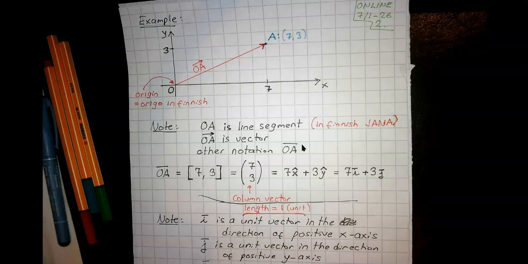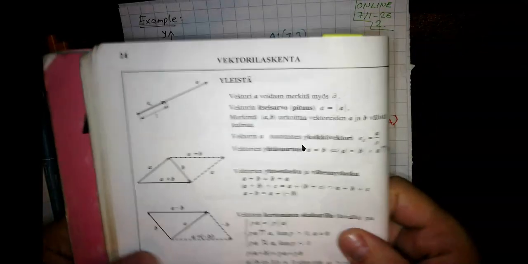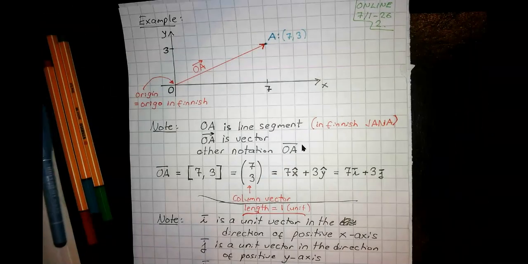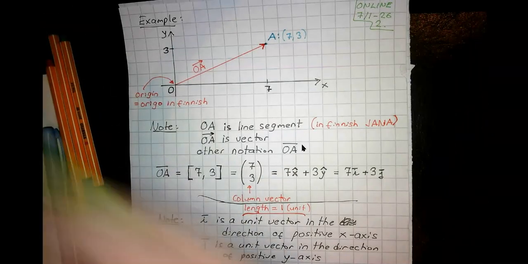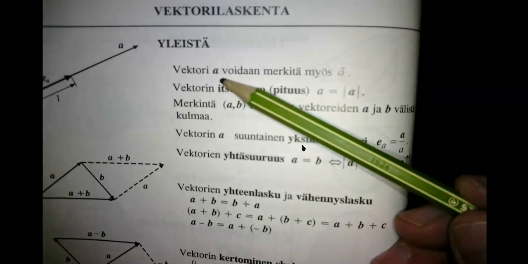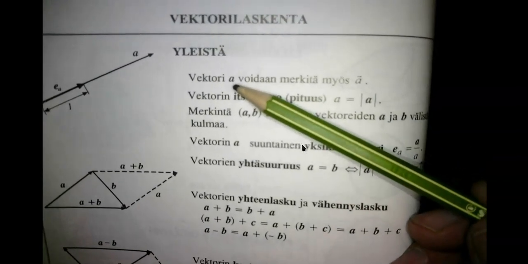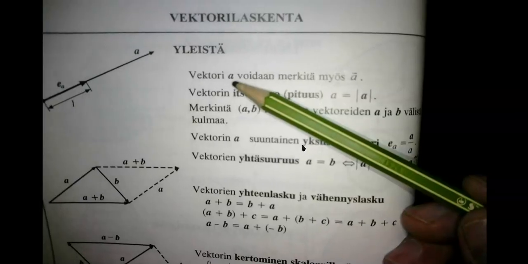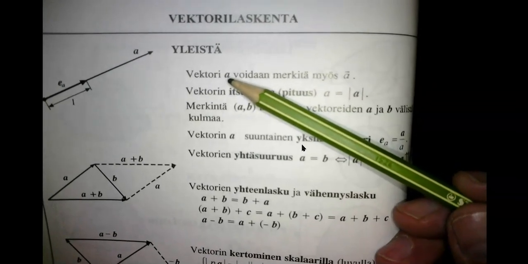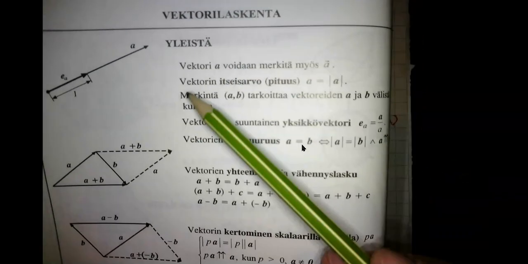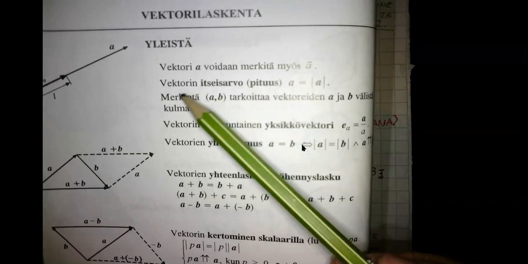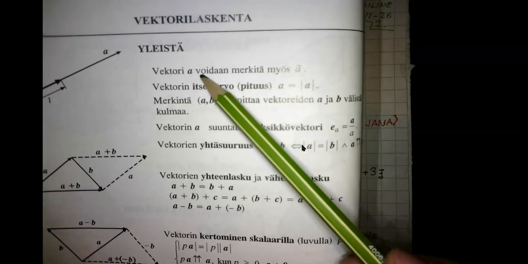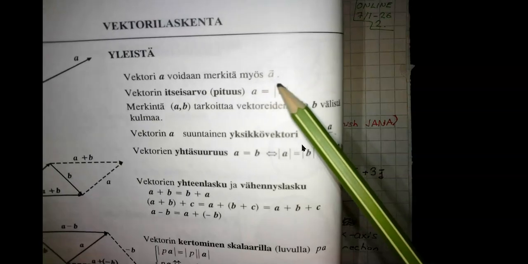But also, this is my formula book, and you can see that, where is my pen? I will show you. Many times in books they use this bold font for vectors. This sentence here is translated "vektori A voidaan merkitä myös A".